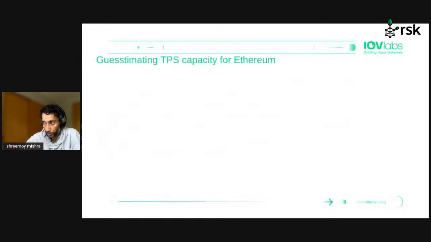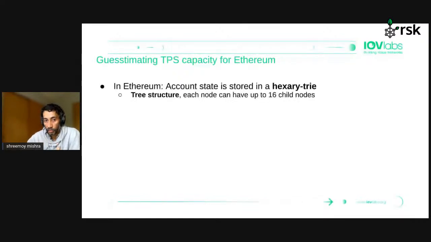And so let's go through this exercise a little bit to come up with some numbers of what's possible in terms of transactions per second. And to do that, you need to recall a little bit about how the EVM stores state, account balances, and contract code, storage cells. All of this stuff in Ethereum, and also in RSK, is stored in a data structure called a trie.